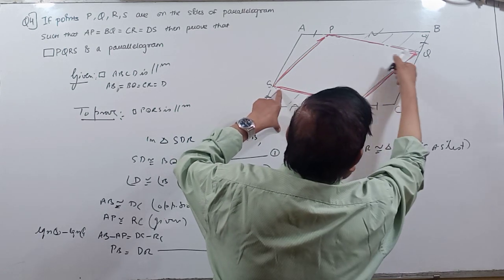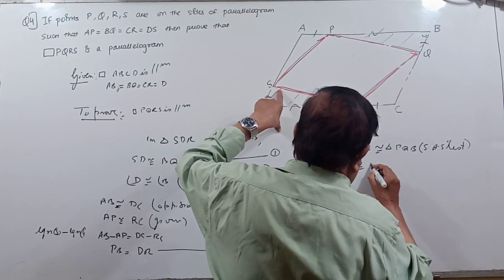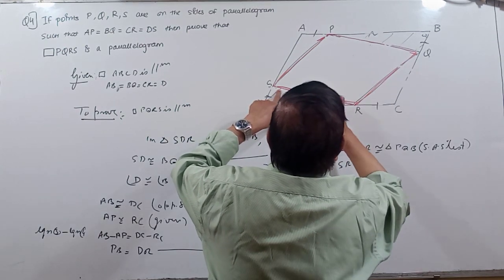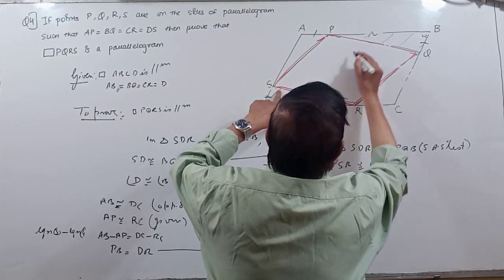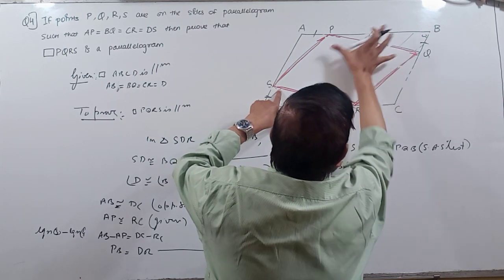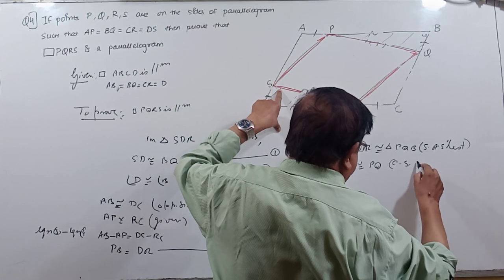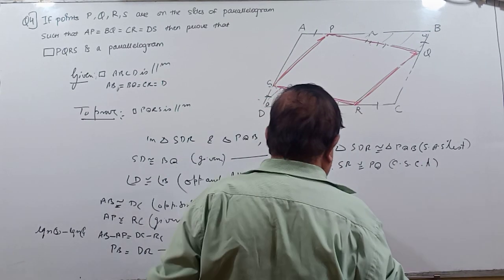SR congruent to PQ. Marking them 1 2 3 4, 1 2 3 4, this is congruent to this. Corresponding sides of congruent triangles.